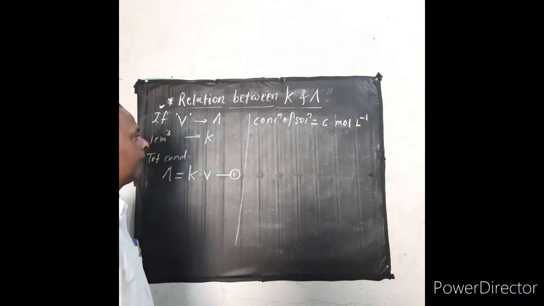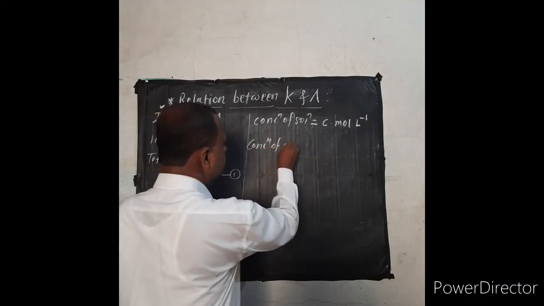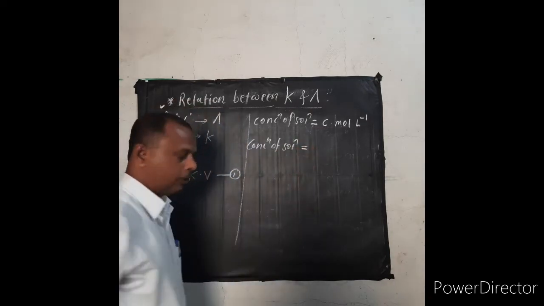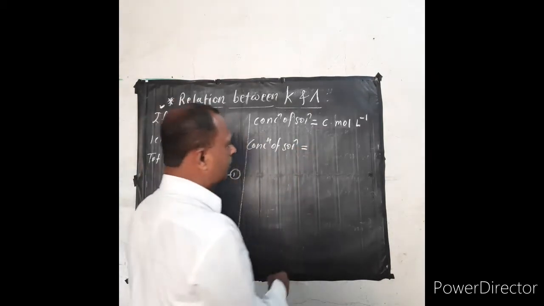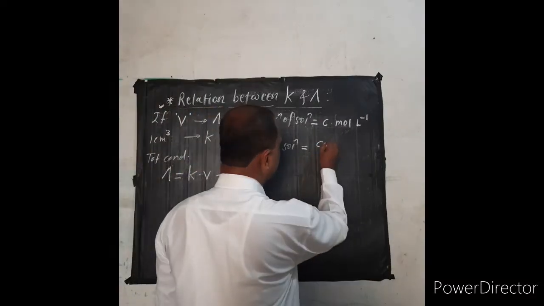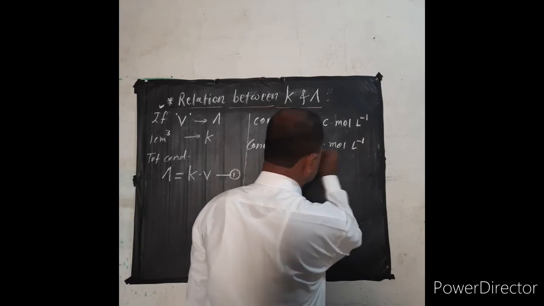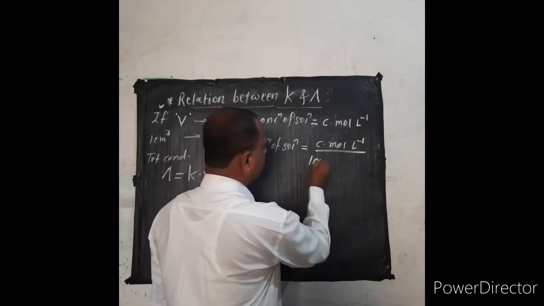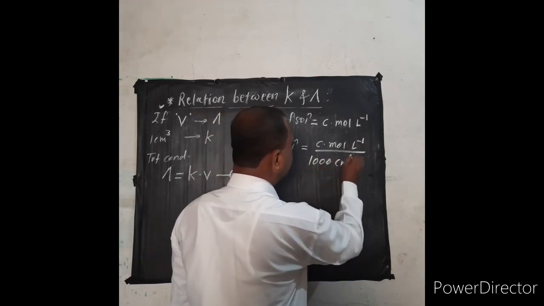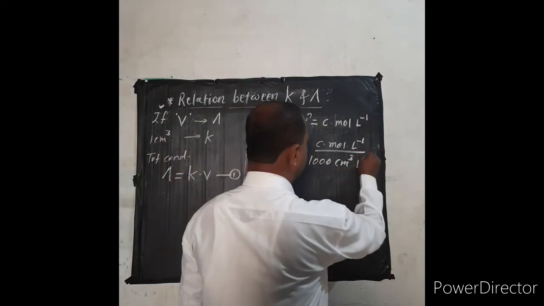Concentration is the number of moles divided by the volume of solution, so C mole liter inverse divided by 1000 centimeter cube liter inverse.